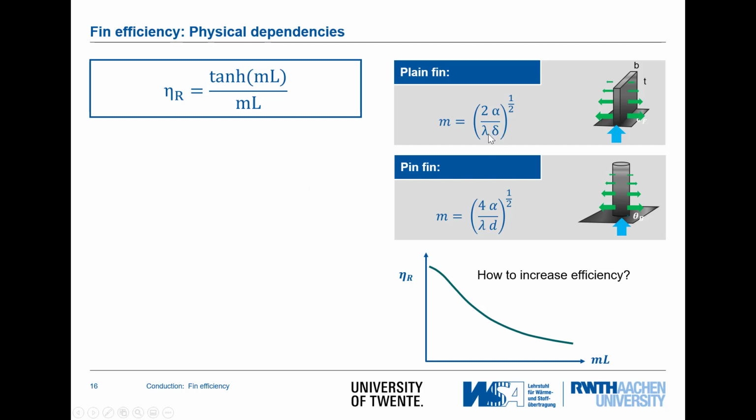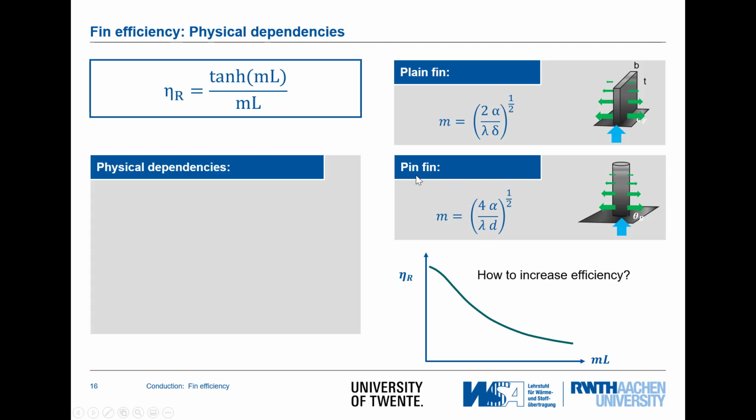We see in all cases that the thermal conductivity is on the bottom and alpha is on the top. So what happens with the fin efficiency if, for instance, the material thermal conductivity increases? Then of course m squared decreases because it's on the bottom, and as such the fin efficiency increases.